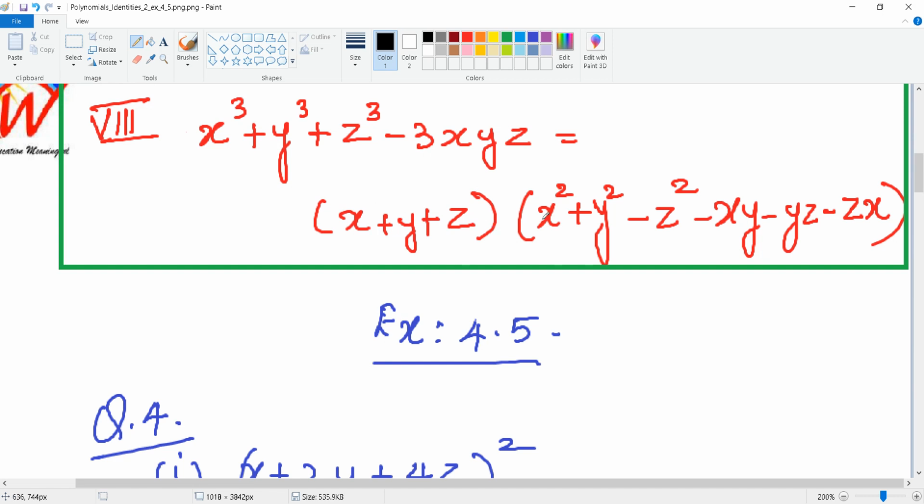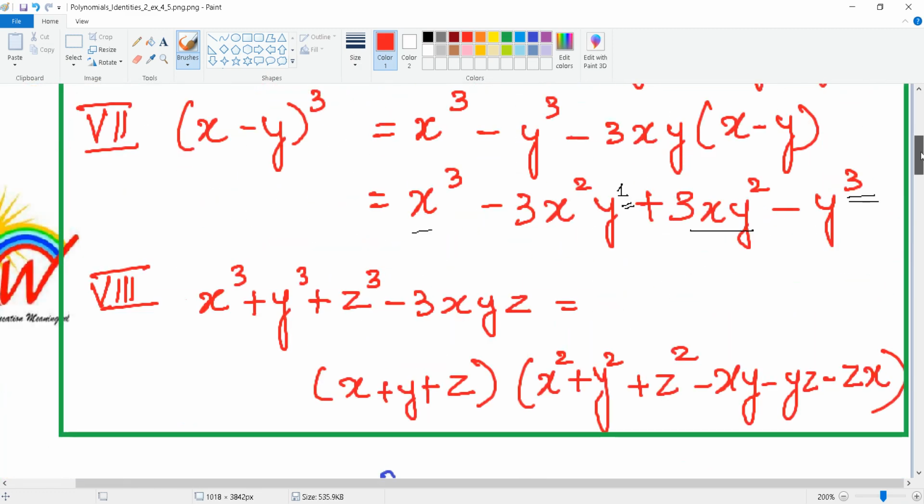Then you have x square plus y square plus z square, minus xy minus yz and minus zx, okay? So this is the last identity. You're supposed to remember all these 4 identities properly, okay?